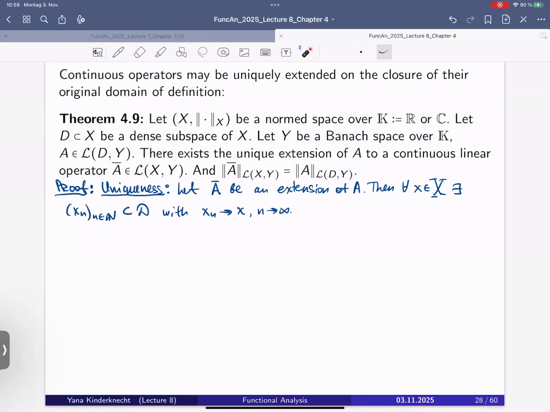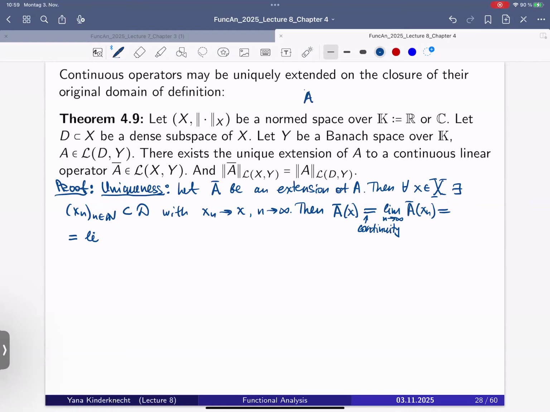Then A bar of x, by continuity, is the limit as n tends to infinity of A bar of xn. But since A bar is an extension of A, what does extension mean?